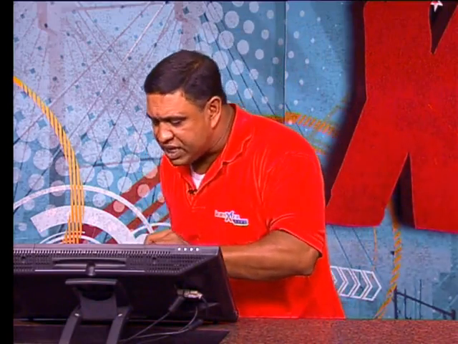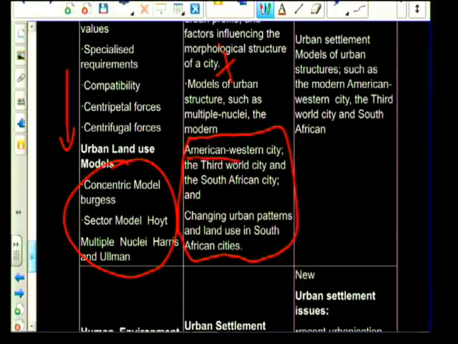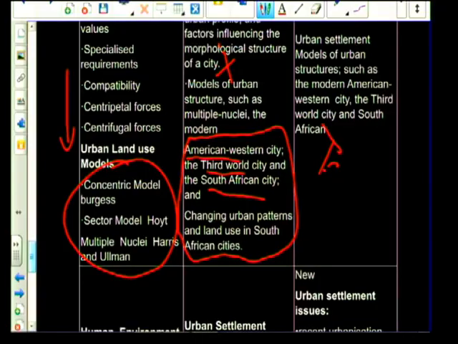So these little areas down here, the American city, third world city, South African city, and models based on those things, or what was the emphasis of their formation, now become a so-called new section. It could have been covered before, but now we're saying these sections will be tested. You can get tested on it because it's stated clearly in the curriculum.